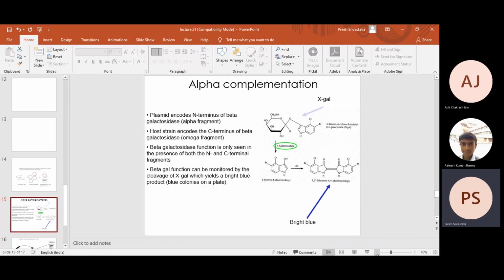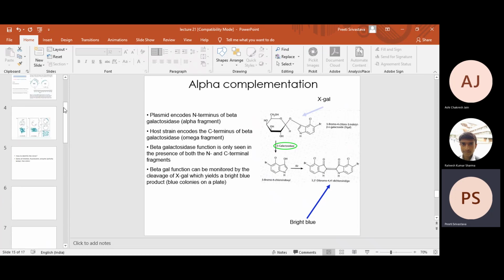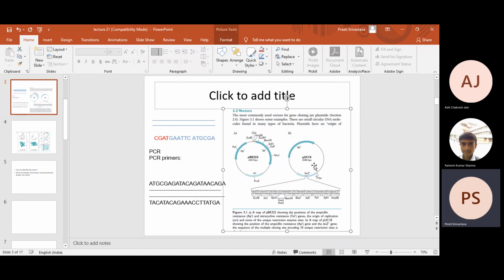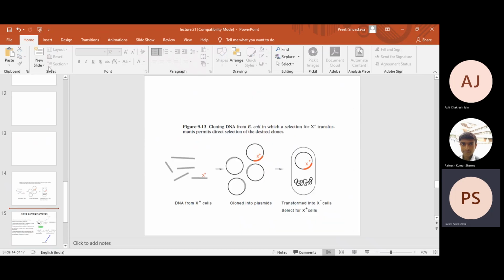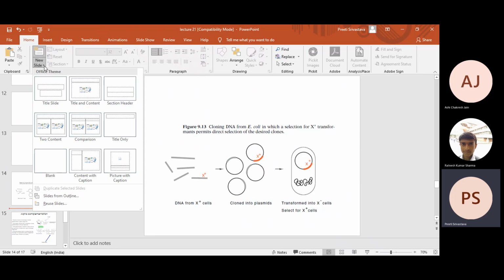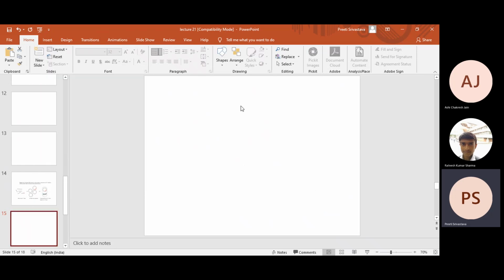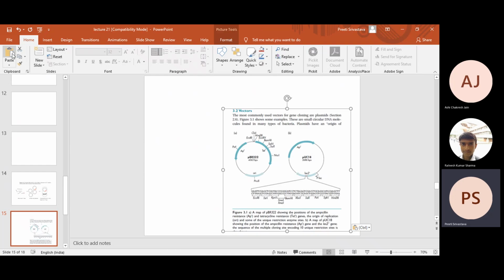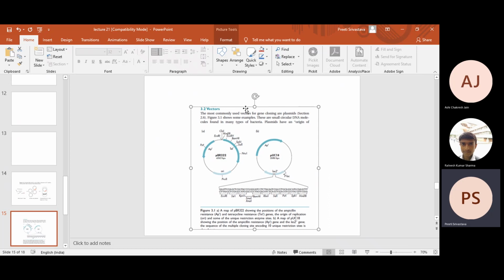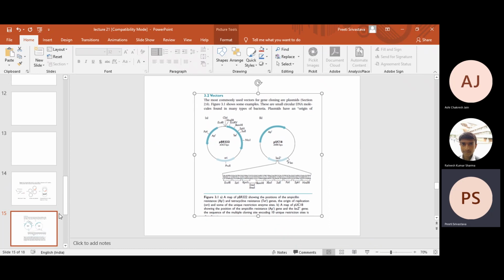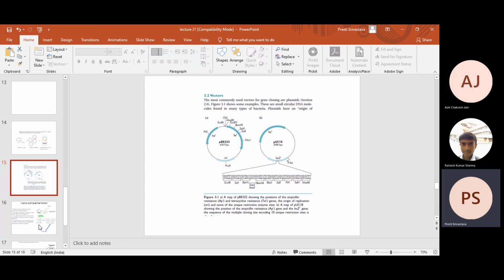LacZ encodes for beta-galactosidase, and beta-galactosidase is an enzyme which, when present, can utilize X-gal as a substrate and make the colony blue. Let us see carefully what exactly it does.